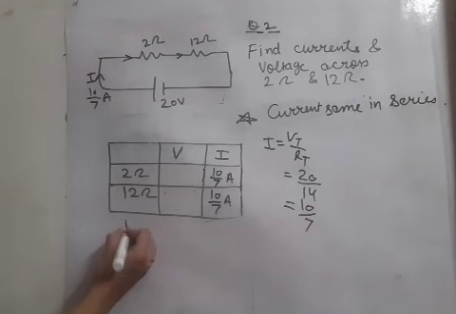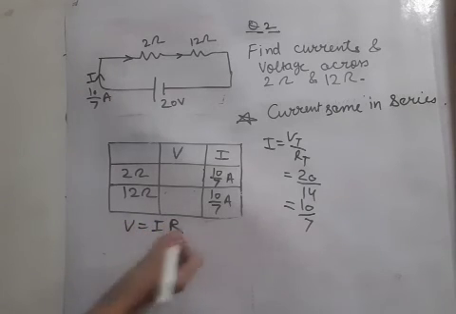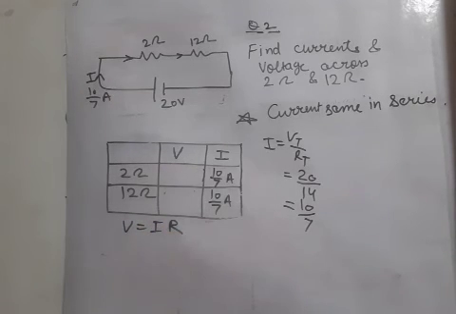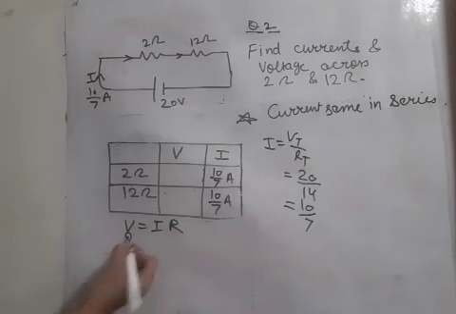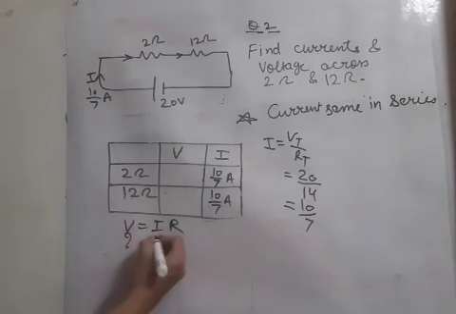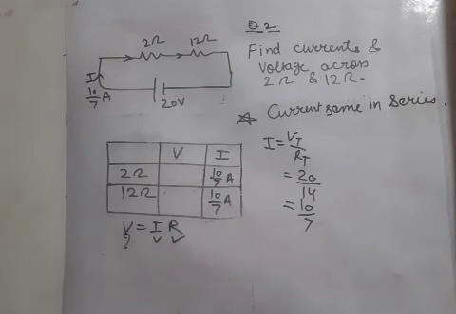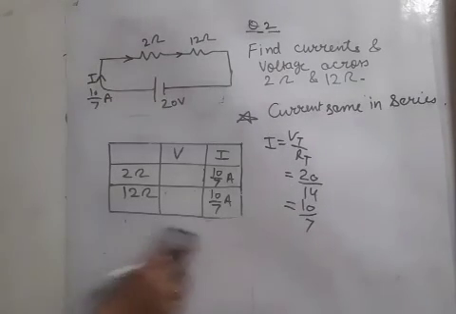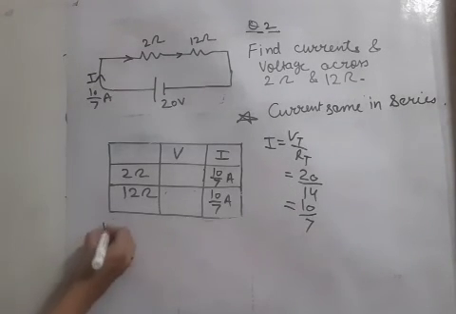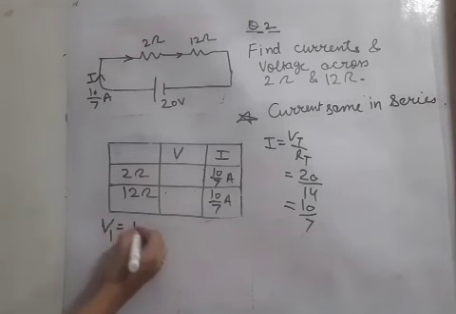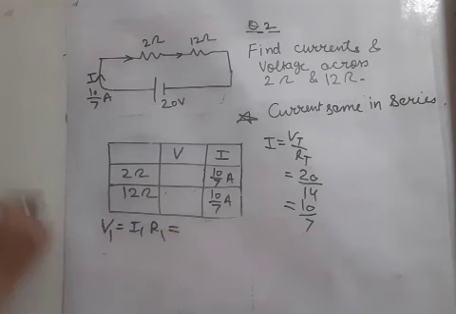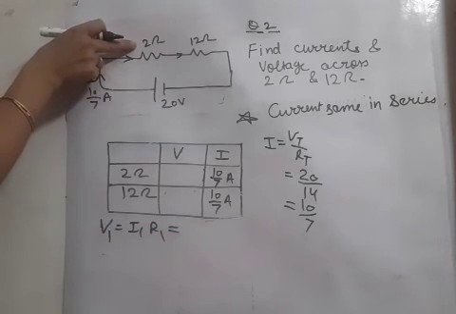So we will take the help of Ohm's law again, V equal to IR. We have to calculate voltage, so we should know the current and resistance of one resistor. Let us calculate voltage first. V1 equals I1 R1. What is the current of the first resistor?